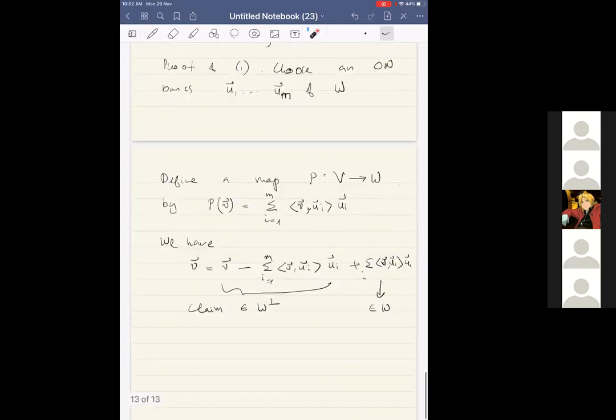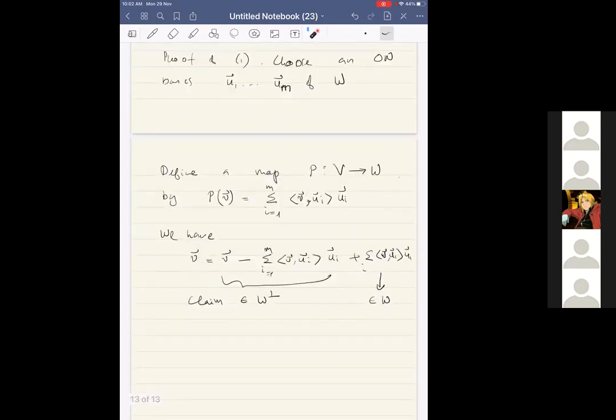I'm taking a vector in V, adding and subtracting this term, and then the claim is this term is clearly in W because the ui's, i running from 1 to m, form a basis of W. So this is in W is clear. So what you have to check is that what is left is in W perp.